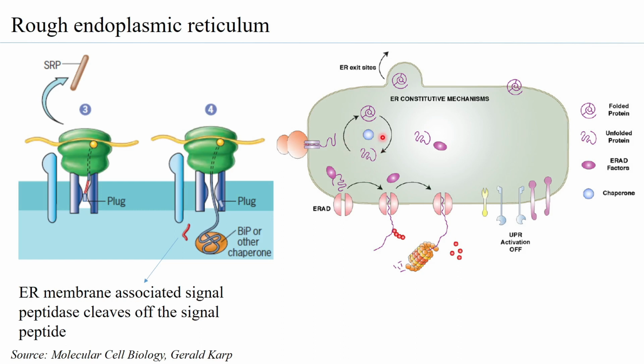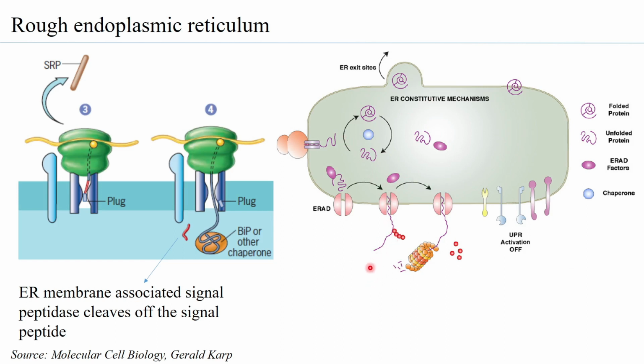But despite their efforts, if the protein is not folded properly, then those unfolded or misfolded proteins are bound by certain factors called endoplasmic reticulum associated factors, and these factors guide those unfolded proteins out into the cytoplasm. So you can see that from the lumen of the ER, it is going into the cytoplasm.